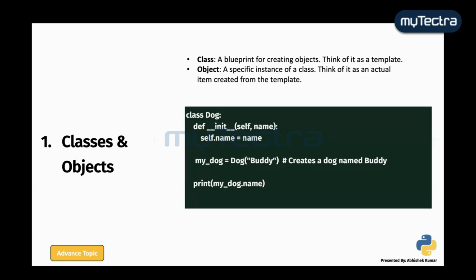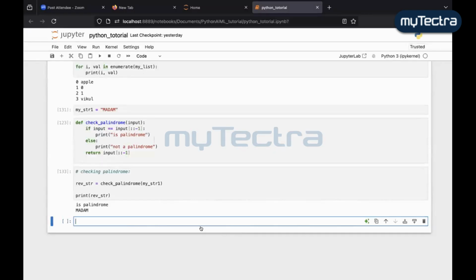So let's do an activity and understand how we can define a class and how we can set certain methods for it. Let me go to my notebook and let's work on the class thing.